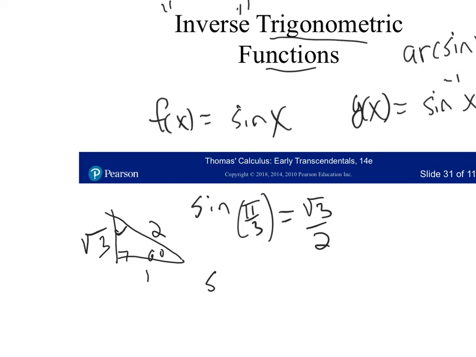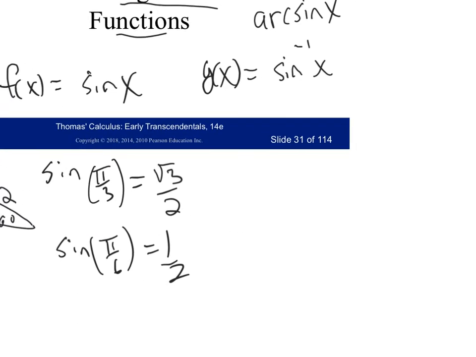The sine of a 30-degree angle, or pi over 6: opposite of the 30 degree is a 1, hypotenuse is a 2. So what does that have to do with the inverse sine? If I do the inverse sine of square root of 3 over 2, the question is, what angle gives you that sine? It's the inverse. It's asking for the angle.